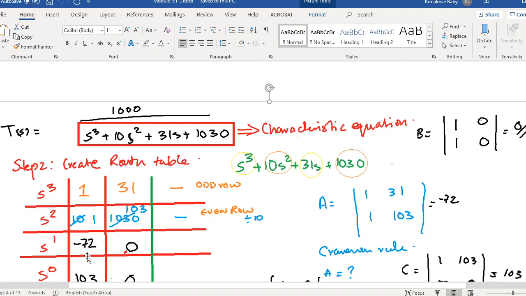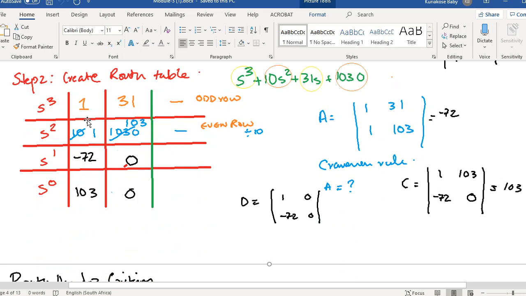If you want to find the first cell of s raised to 1, it will be 1, 31, 1, 103. But if you want to find the second cell, which I have called b here, it will be 1, then the row here, which is 0, 1, and the row here, which is 0. So it will be 1, 0, 1, 0. And when you multiply and use Cramer's rule, you will find that that is equal to 0.